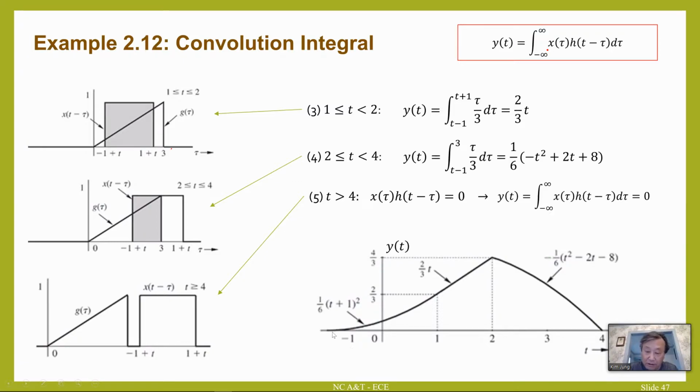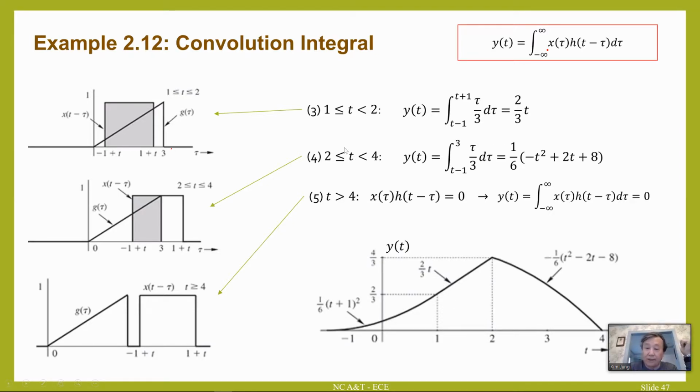So this is minus 1 to 1. We have the first answer, a non-zero value, 1/6 times (t plus 1) squared. And then the second one is 1 to 2, which is 2/3, a straight line.